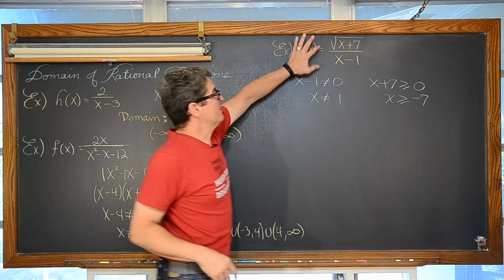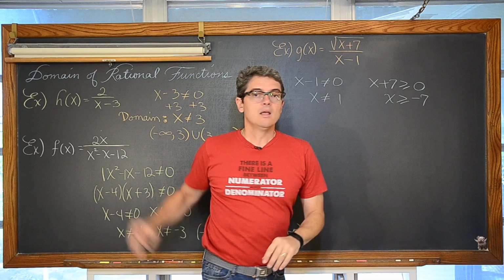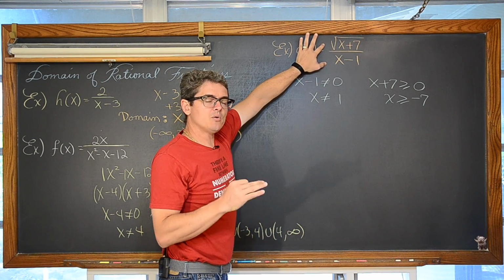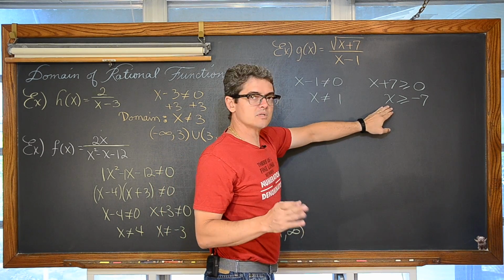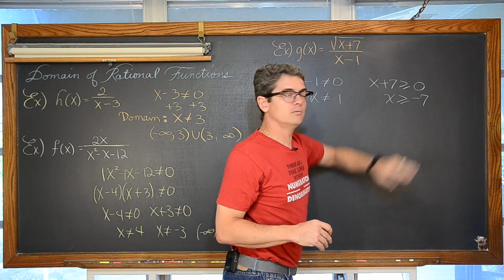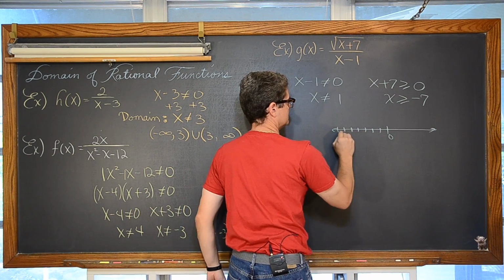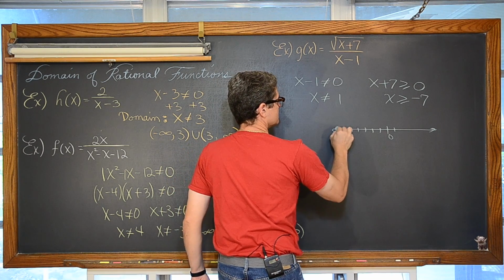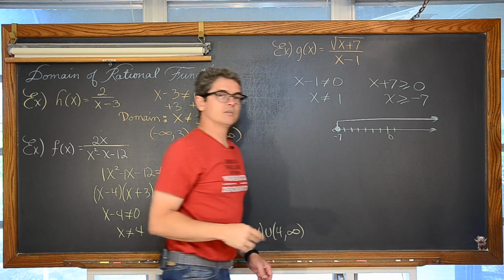Well, here we have two conditions in the same equation, not just one. So when we look at these inequalities, both of those conditions have to pass. For the square root symbol, x has to be greater than or equal to negative 7. On a number line, that looks like this, and there's our positive 1. This is our shading, at least for the square root in the numerator.